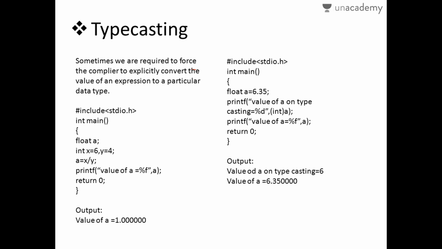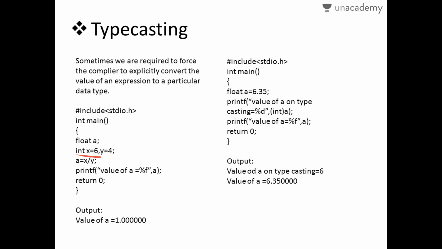For a simple example, here I gave integer values x as 6 and y as 4. When I perform division on this, the actual output should be 1.5, but we get an output of only 1 because this is of integer data type and only stores values before the decimal point.